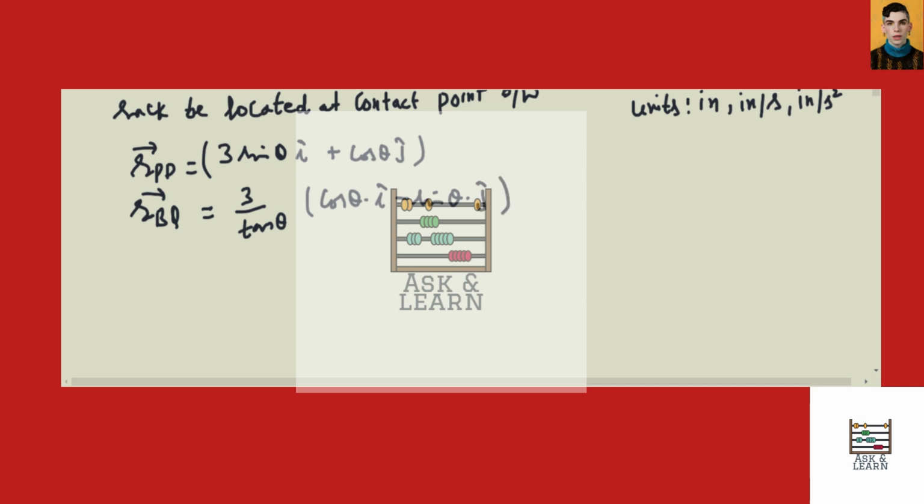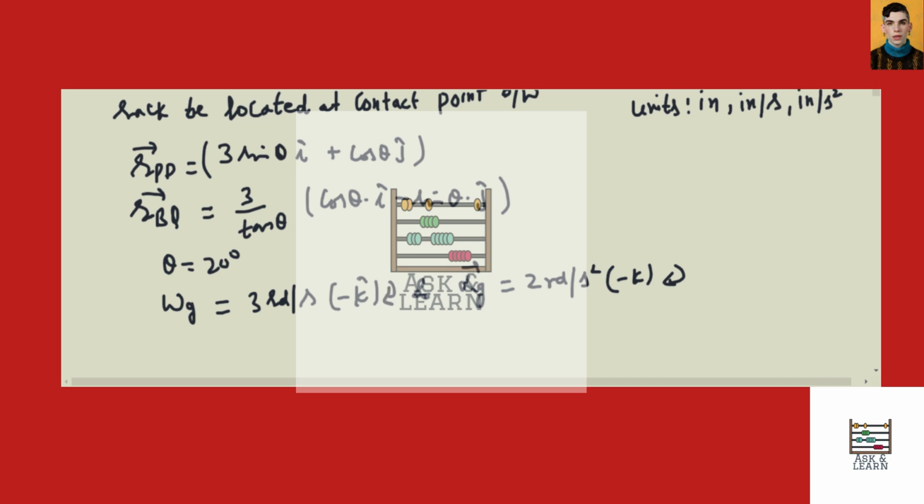Theta is 20. Omega of gear is given 3 radian per second and alpha for gear is 2 radian per second square, minus k cap, that is clockwise sense.